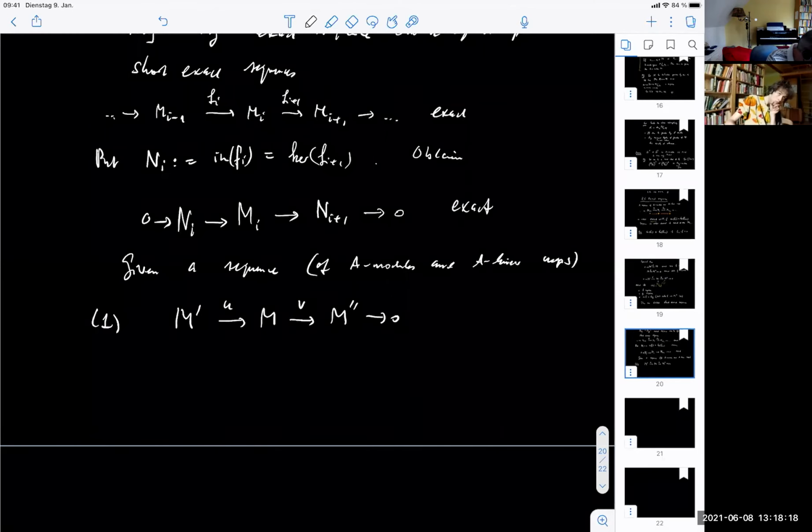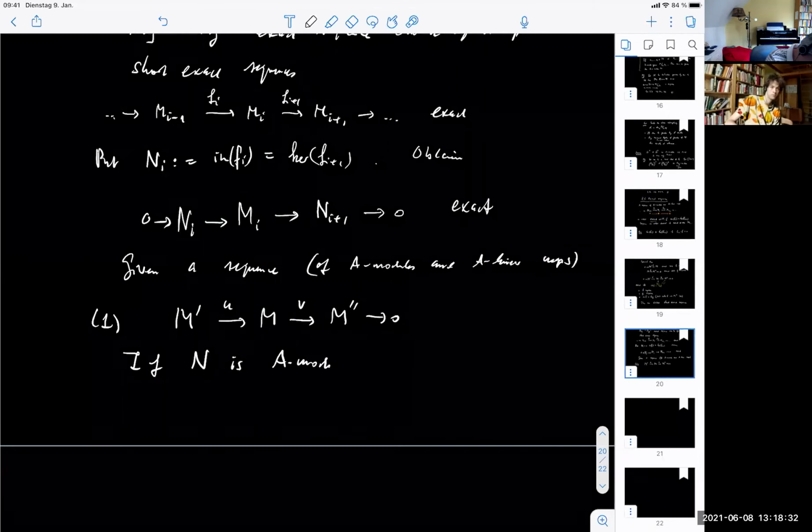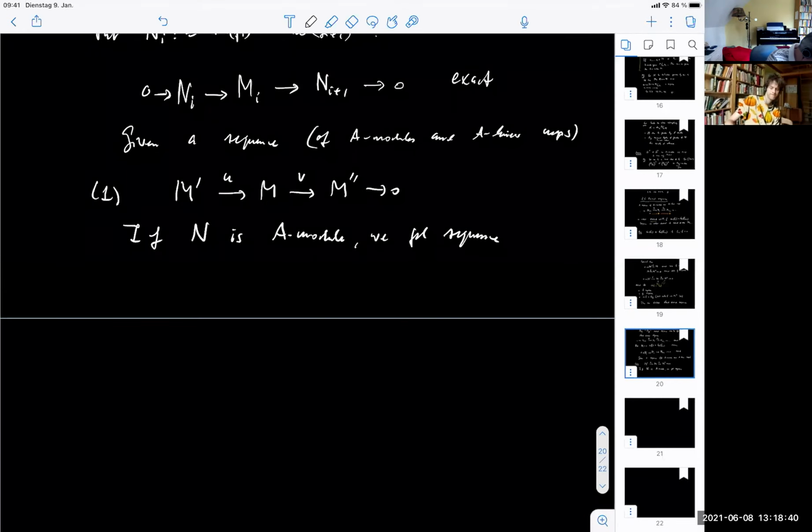I have such a sequence. Now I pick any A module N. If N is an A module, we get a sequence.